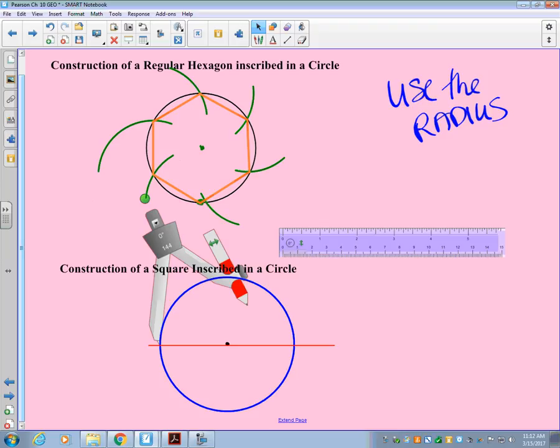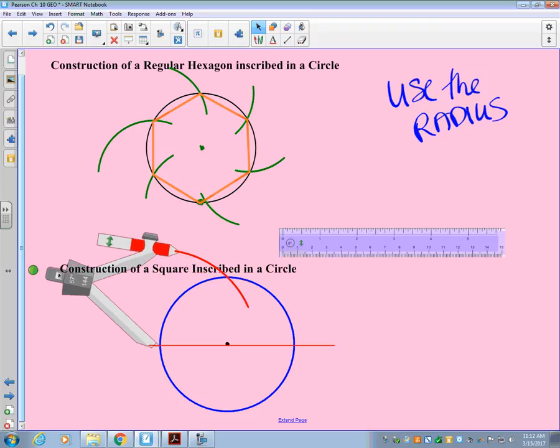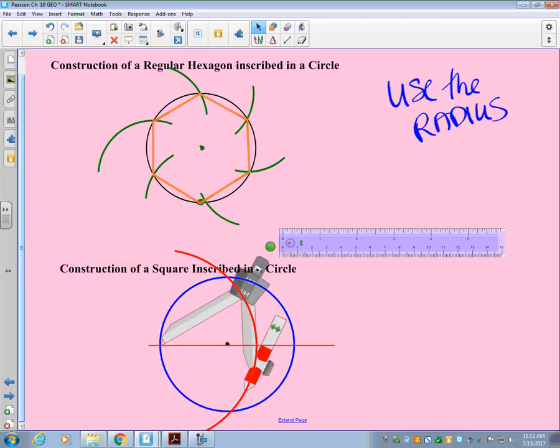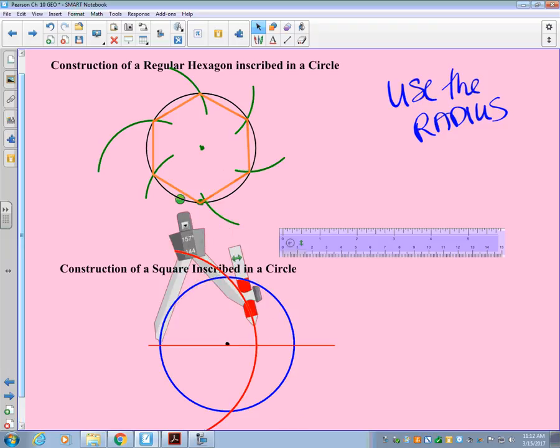So it just needs to be more than halfway. We're doing a perpendicular, so it's more than halfway. Draw an arc above and below your center.